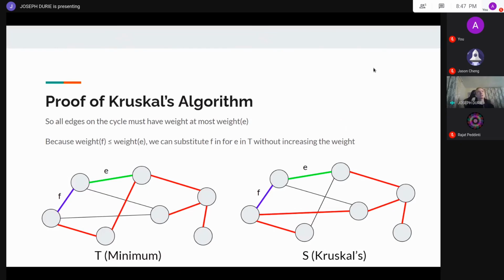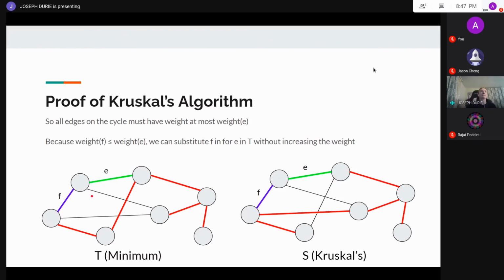And also notice that this is guaranteed to keep it as a spanning tree, because let's say you look at T without E or F. Then it's going to split your graph into 2 components, right? So you have basically all of these vertices and this vertex by itself.